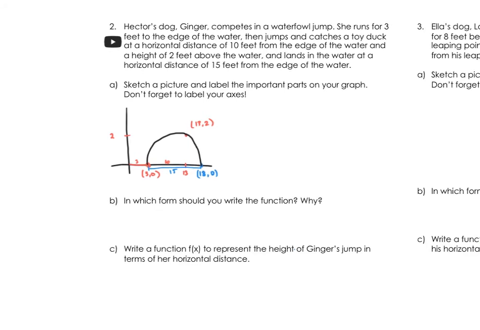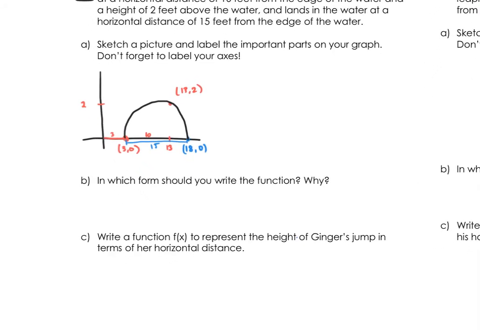All right, so in this problem, we're given our x-intercepts. It's basically the leaping point and her landing point. Since we're given x-intercepts, that means we're going to write it in factored form, because we have the x-intercepts.